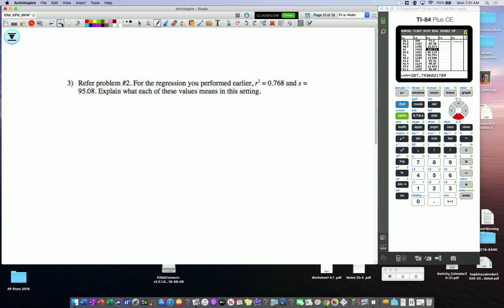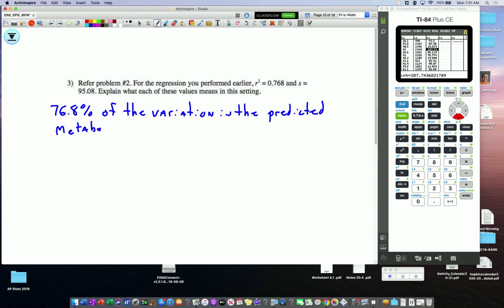So how we would interpret that, to start off with r squared, we would say 76.8% of the variation in the predicted y, and now I put what the y value represents, metabolic rates, can be determined, or you could use the word explained, by the least squared regression equation or line. Now, s represents the prediction error.